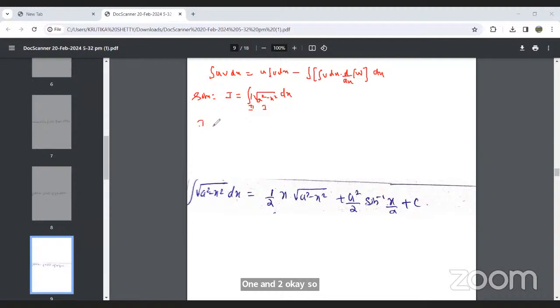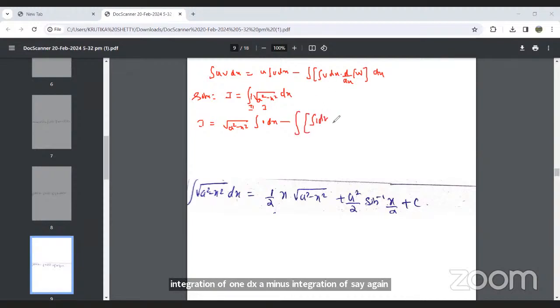Okay, so I will be equal to the first function as it is. So root of a square minus x square as it is, integration of 1 dx, minus integration of, see again we have integration of v dx, 1 dx, into d by dx of root of a square minus x square dx. Okay, so we will simplify further. It will be root of a square minus x square, integration of 1 is x.